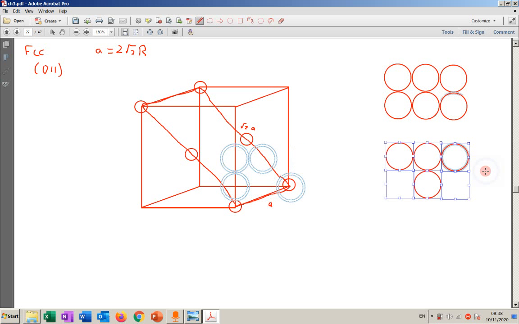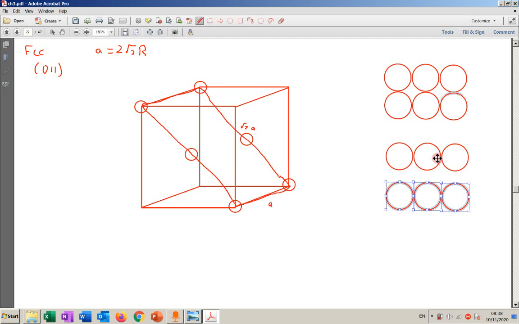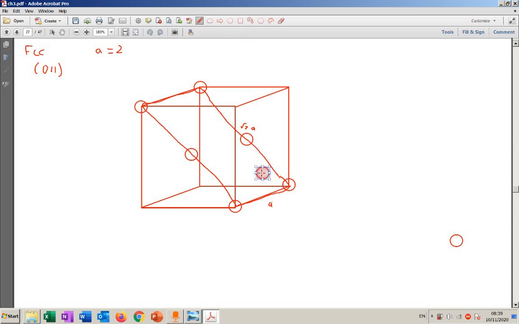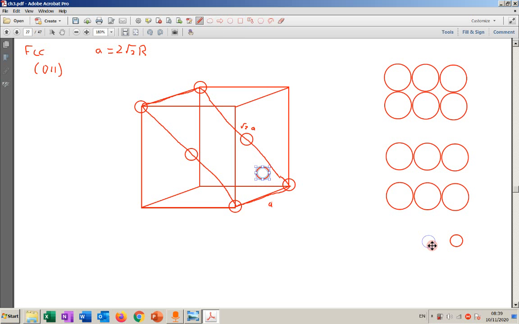So this time we're just going to separate a bit in this direction, and the last one will be all separated, going to come something like this.